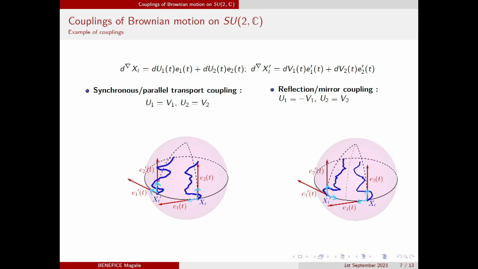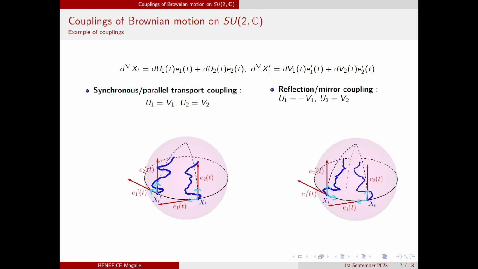Another example will be the reflection, or mirror, coupling. This time I take U1 and V1 opposite. I take the same for the other direction. So I will go like this, with the same direction for these two vector spaces, and I will have something with a symmetry here. And more important, this reflection coupling will be what we call successful.